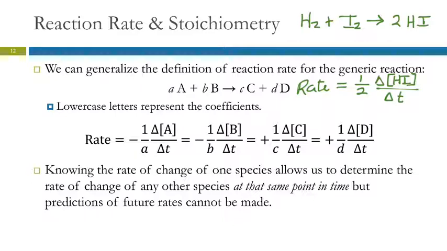If you calculate the rate for one reactant or product, you don't need to calculate the rate for the others because at that point in time, the rate is the same because they are all part of the same reaction.